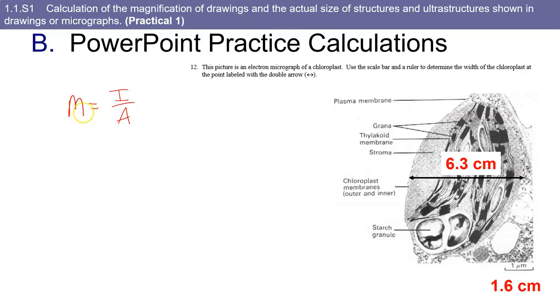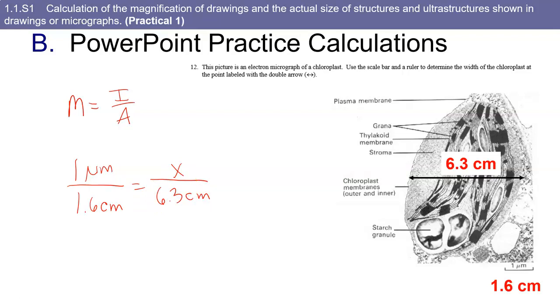However, since I know both are going to be set equal to the same thing, I can also just set up a proportion. So I can take my image size, 1 micrometer over 1.6 centimeters, equals what I'm trying to figure out here over my 6.3 centimeters.